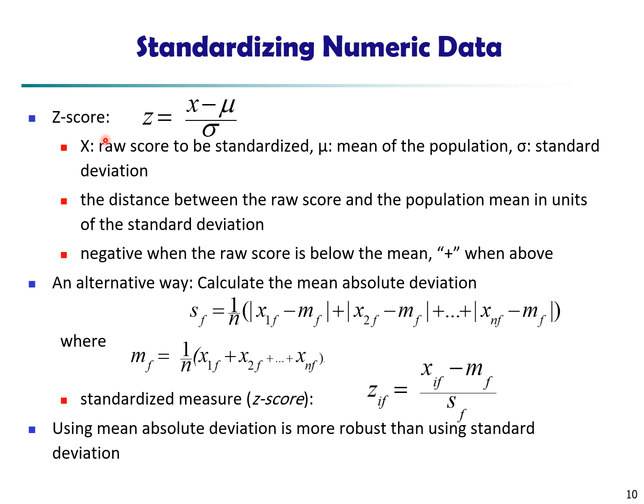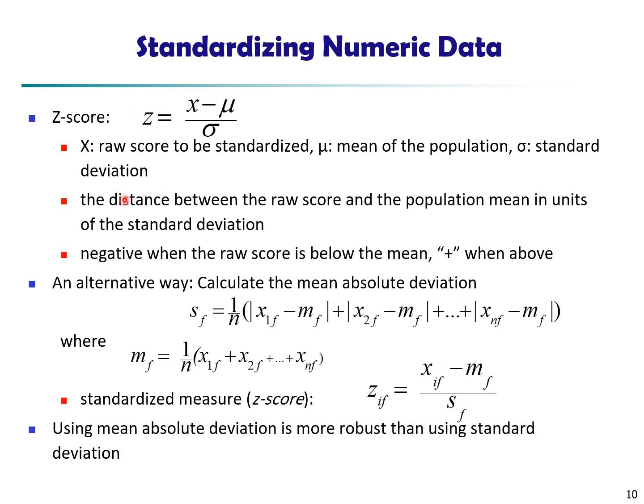The z-score uses the data itself along with the mean, which we call here mu, and the standard deviation. So the formula is x minus mu, where x is the value that we want to calculate its z-score and mu is the mean, divided by the standard deviation of the group.